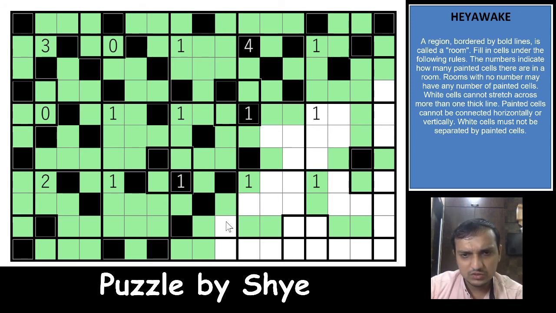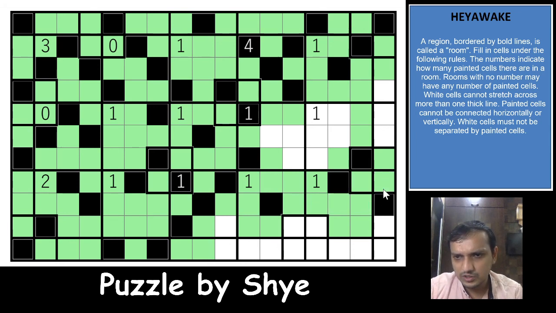If we unshade this, one of the 2 cells will have to be shaded. Okay, if this is shaded, this will be shaded and this will be shaded, right?